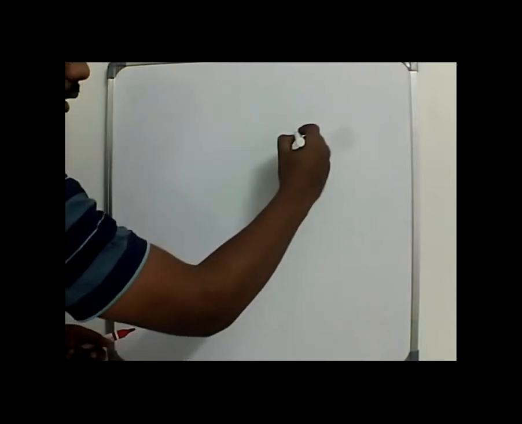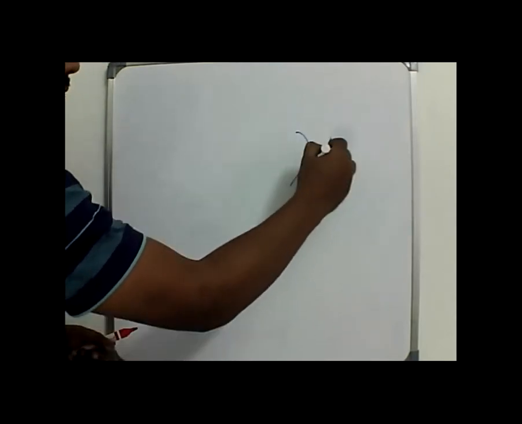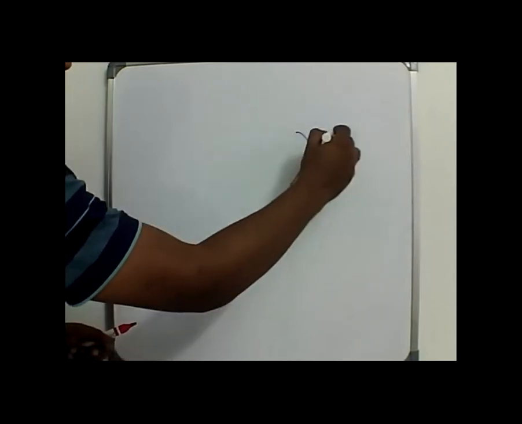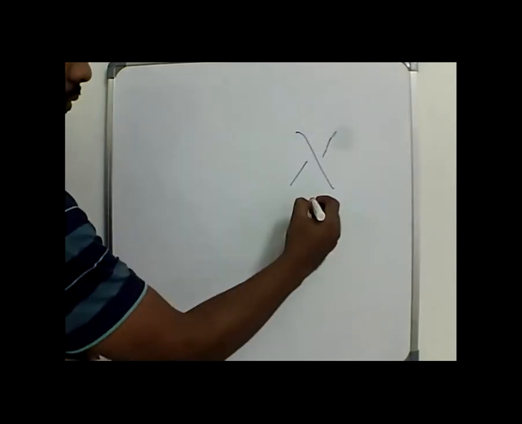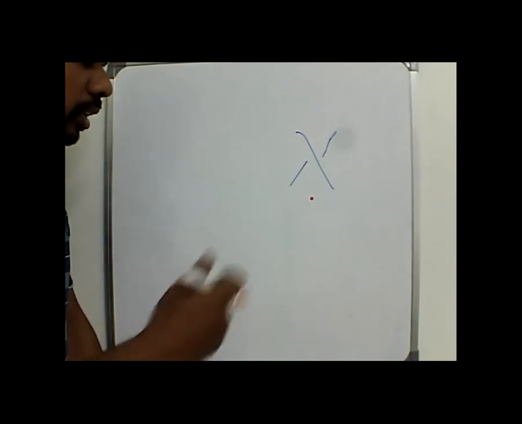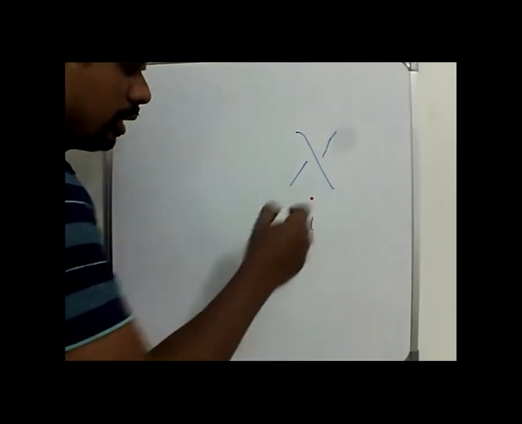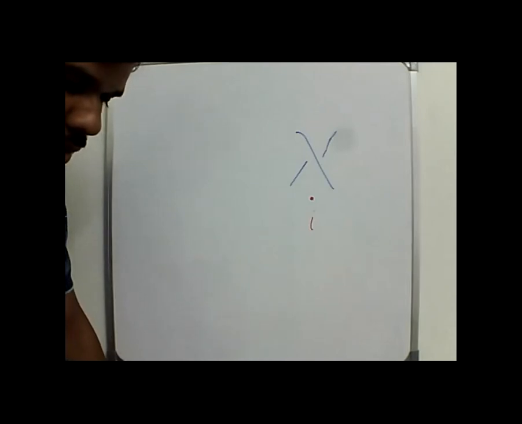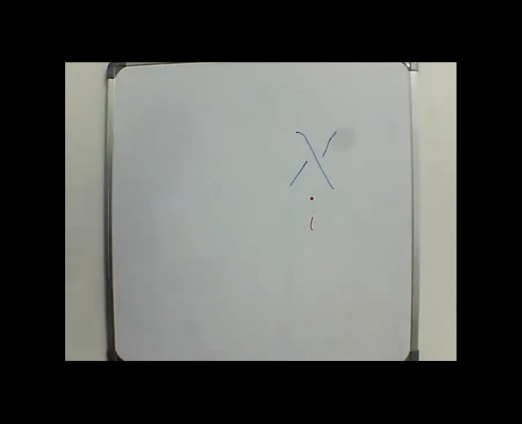The next two vowels. This one, the sound is an E sound. E sound means it is like E. This is the sound of this vowel.